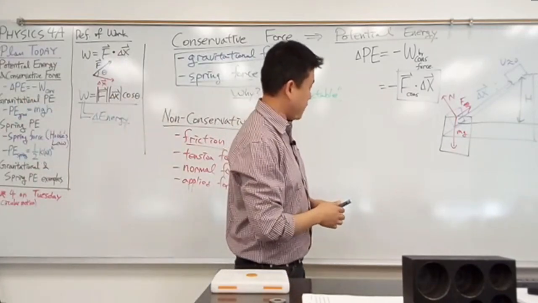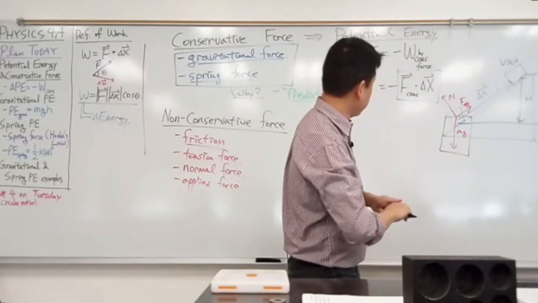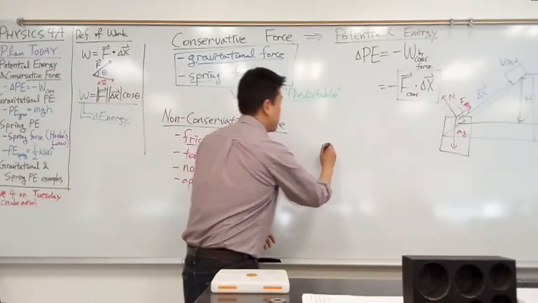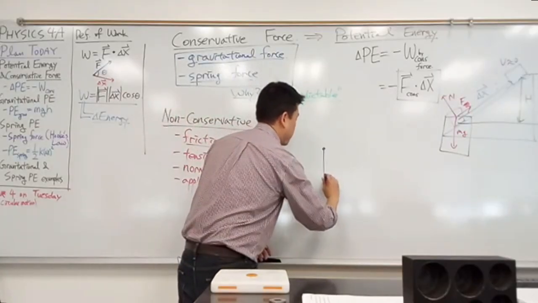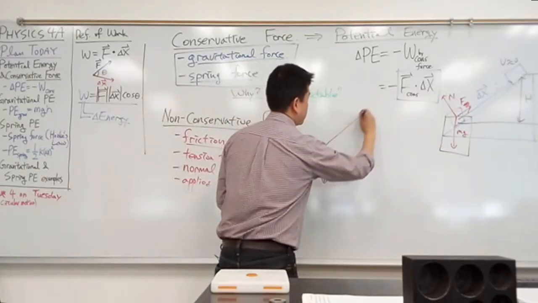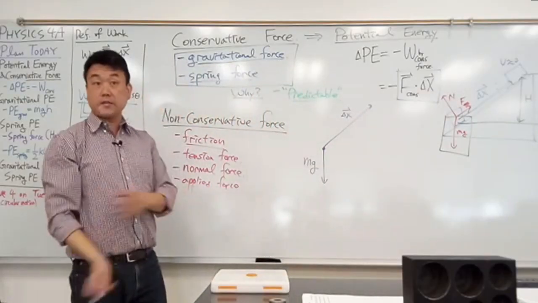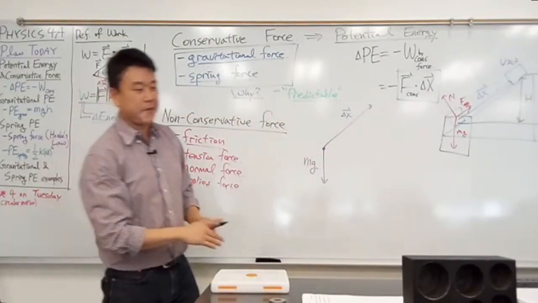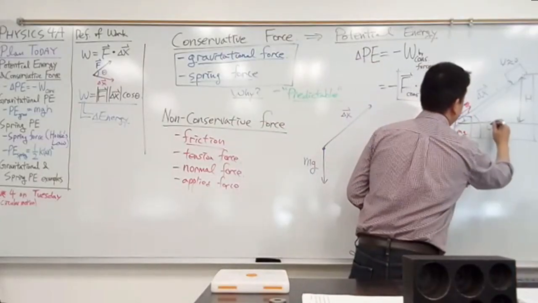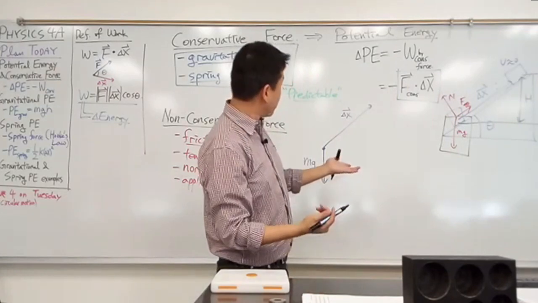To apply the definition here, let me copy the figure into a clean area so that I can label things better. So the gravitational force vector, mg, is downward. The displacement vector is going this way. Let me label a couple of other things that really should have been specified in the question. Somebody should have told you this angle theta.